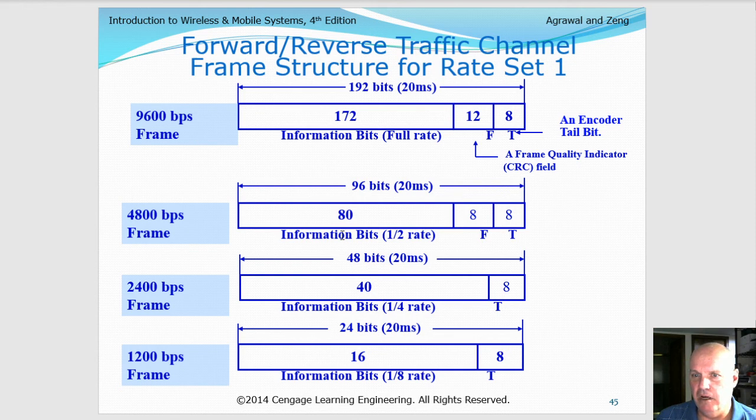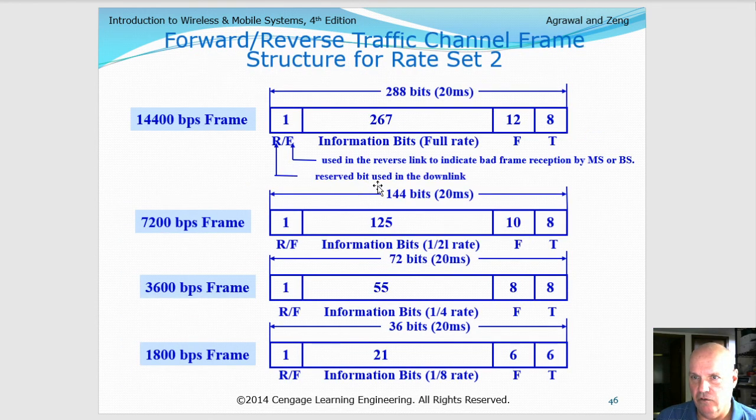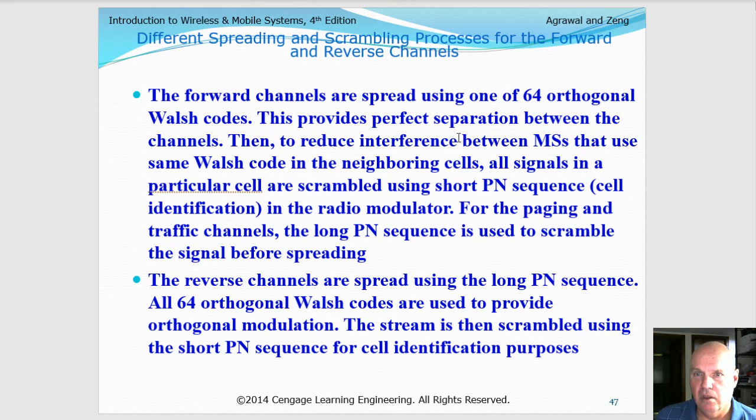They just varied in the number of bits that would fit within the frame depending on the actual bit rate. And similarly for rate set 2, use the same frame duration, but change the number of bits within a frame. Okay. And just to summarize, the forward channels are spread using one of the 64 orthogonal Walsh codes.